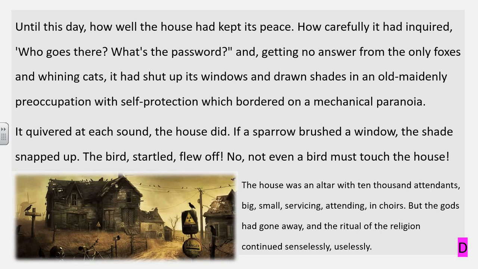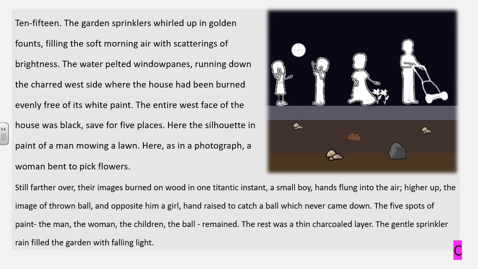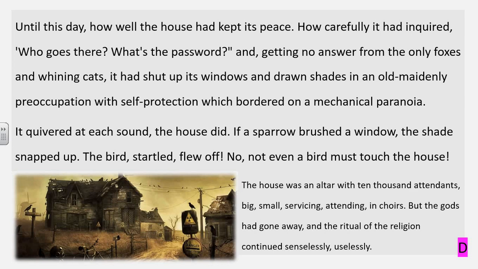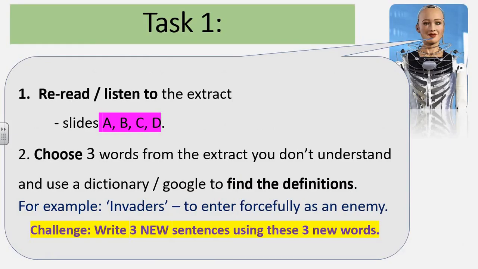We've got the word paranoia here, which was another one in here that I quite like. So we've got charcoal. You could maybe look up scatterings, create some sentences for that. So there's lots of various words that you might have been unsure of. Look them up, come up with some sentences.